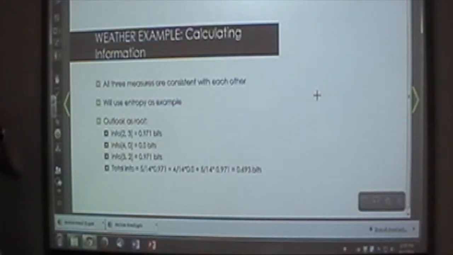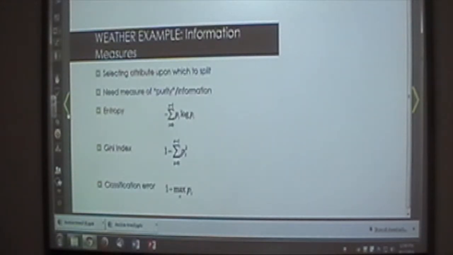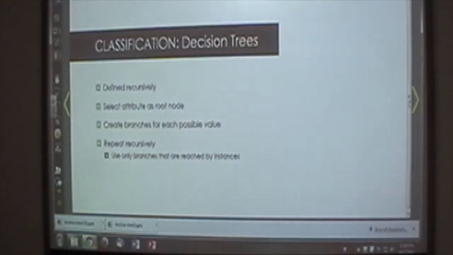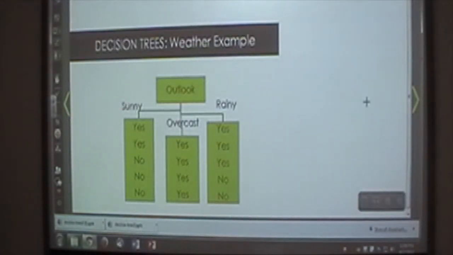When you look at outlook as the root, there were 3 different branches, right?